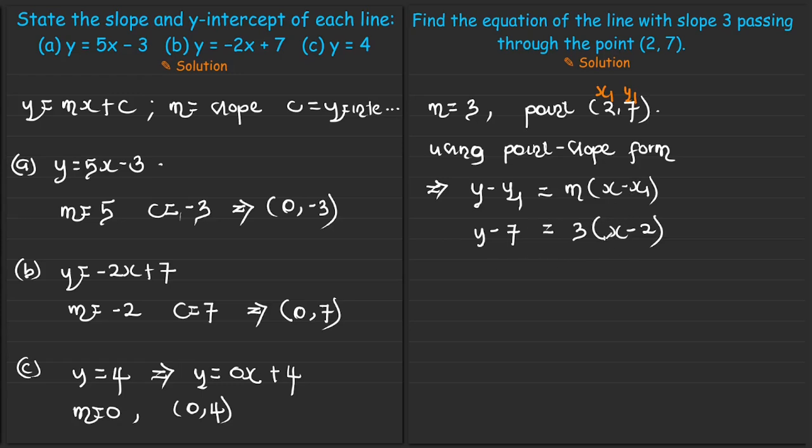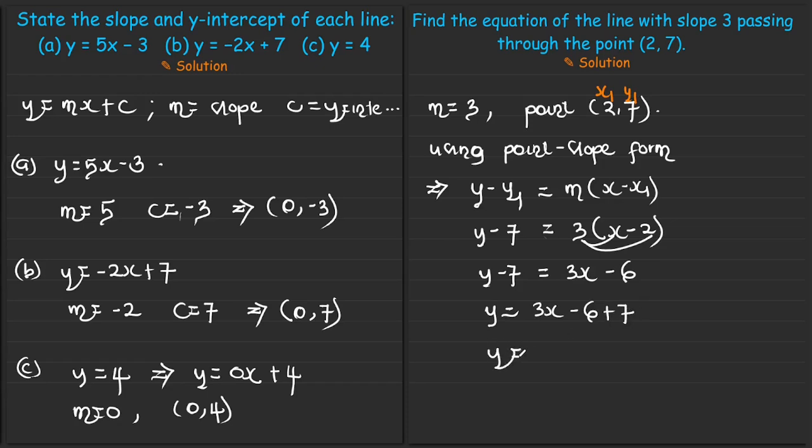From here on, we just want to make y the subject. So we have y minus 7. Let's open up this bracket so that I have 3x and then 3 times negative 2, giving us 3x minus 6. So making y the subject, we have y equal to 3x minus 6, and then plus 7.